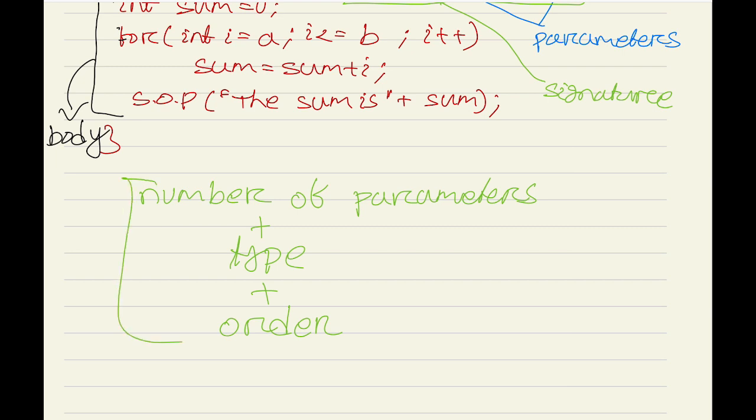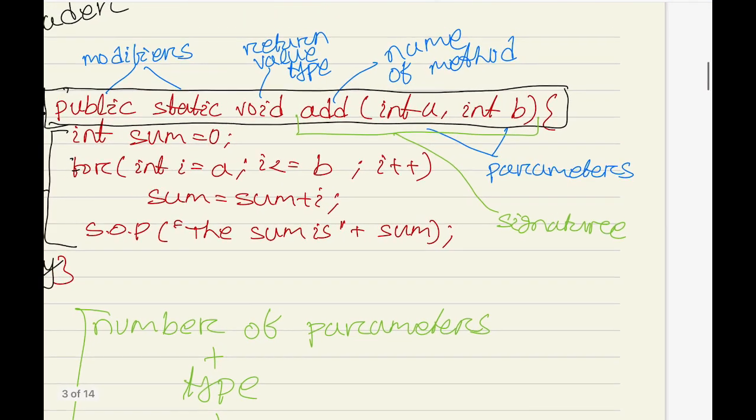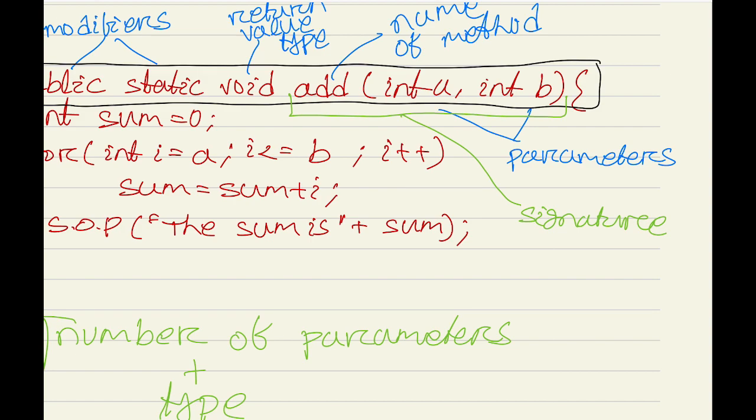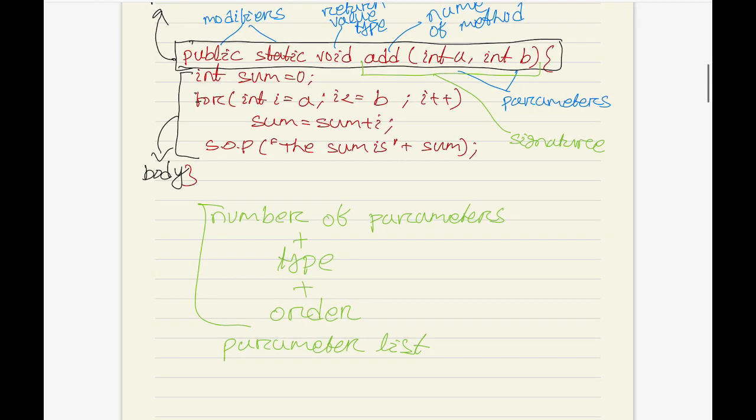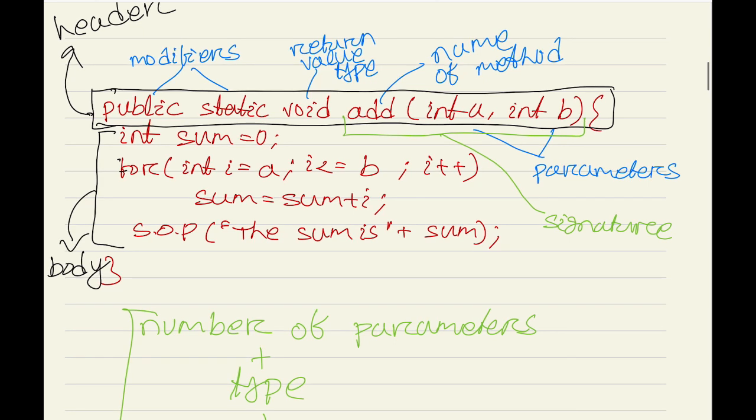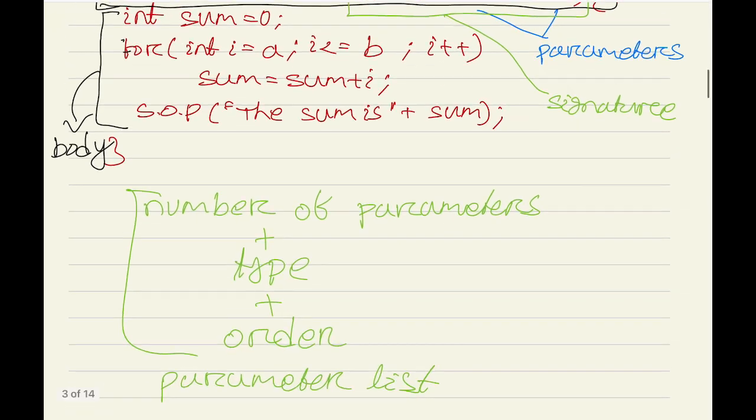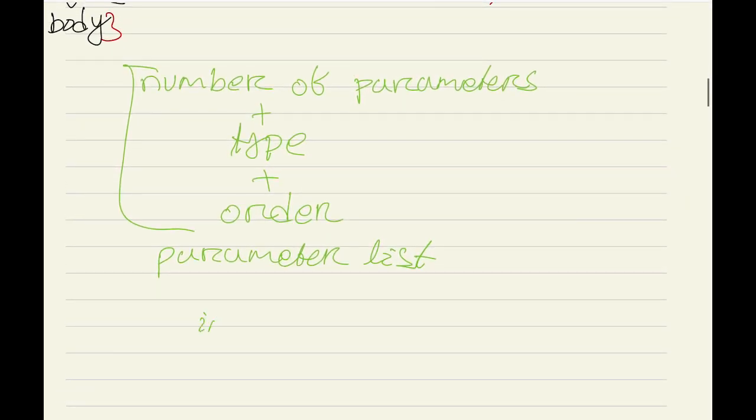These three things are called the parameter list. So here you can observe this int a int b, combined we can say this is the parameter list. Or we can ignore the values of the actual parameters, so these are called the parameter list.